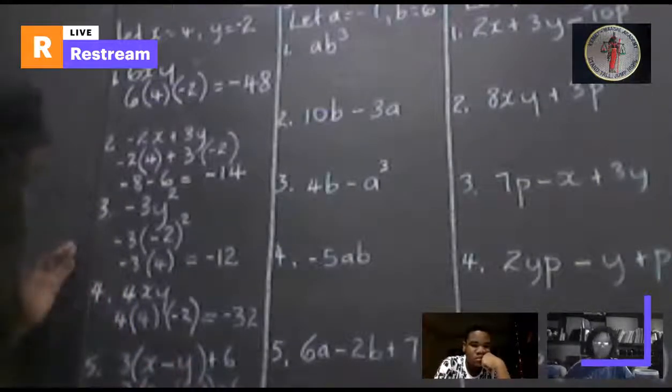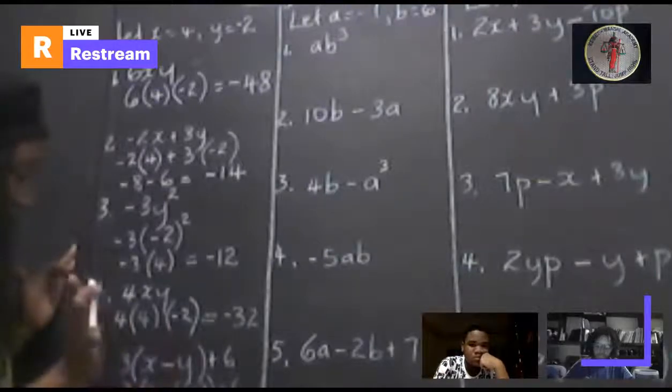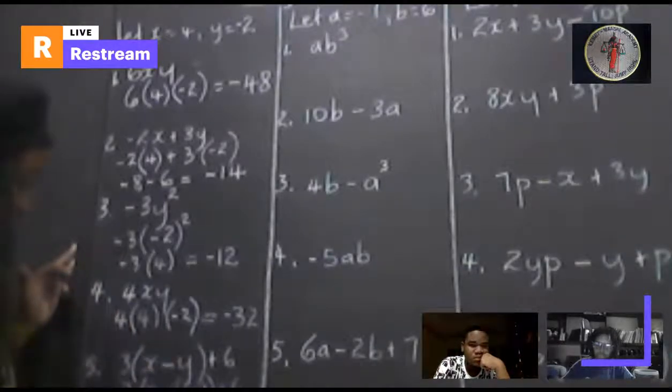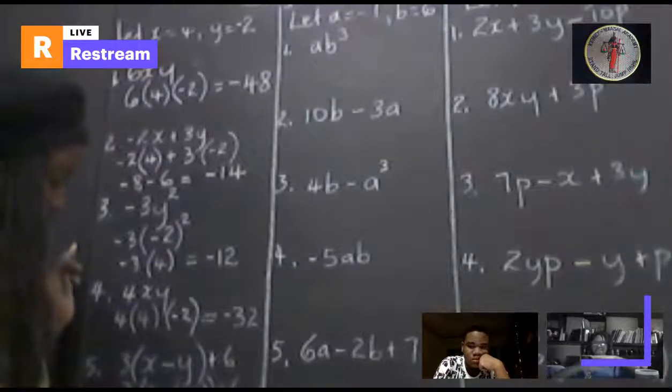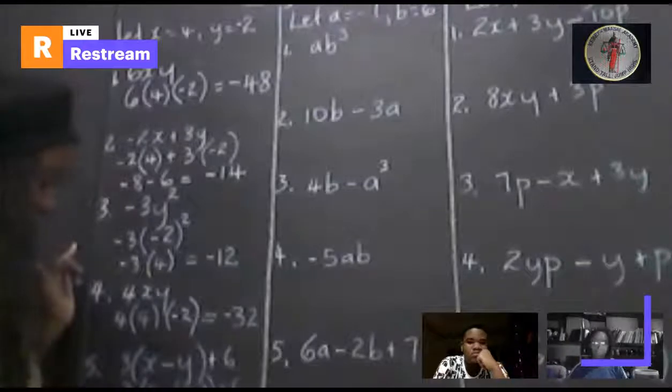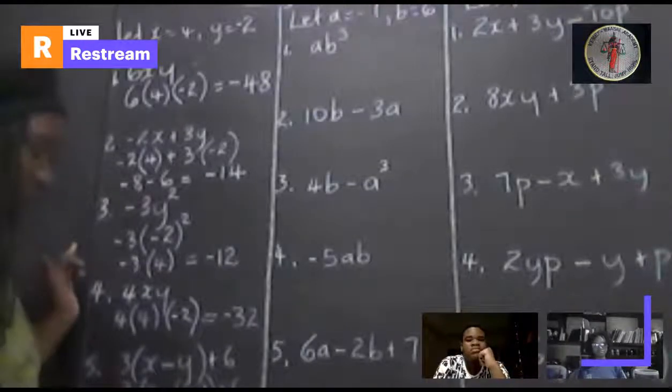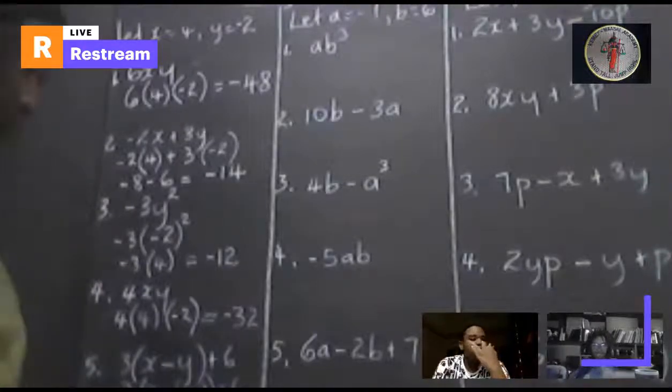So 3 times 6, which is 18, plus 6, which is what, 22? Am I right? 24. Right, okay, positive 24.